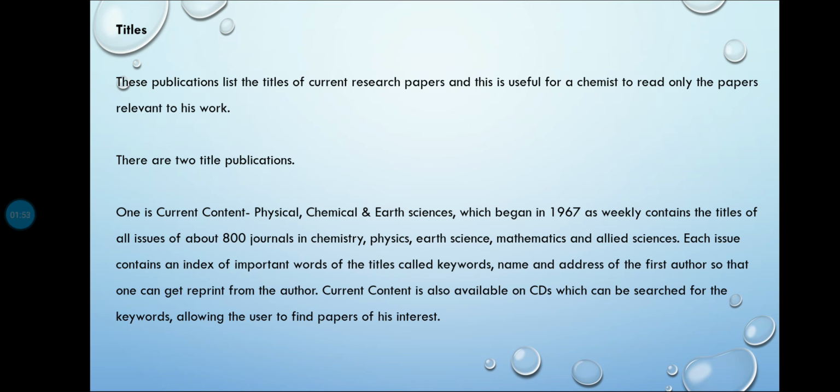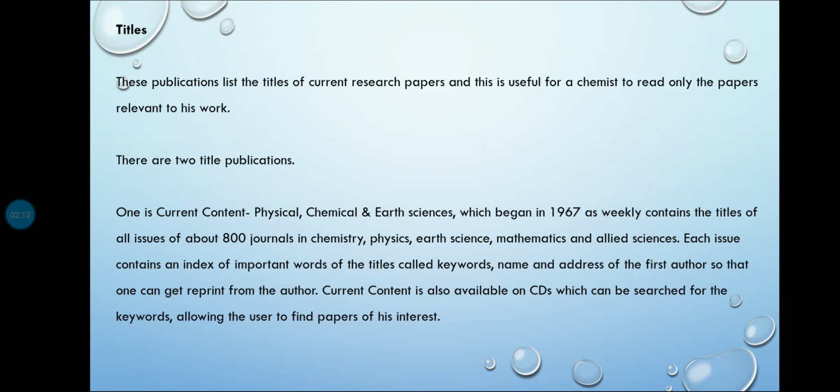Titles: these publications list the titles of current research papers, and this is useful for a chemist to read only the papers relevant to his work. There are two title publications.